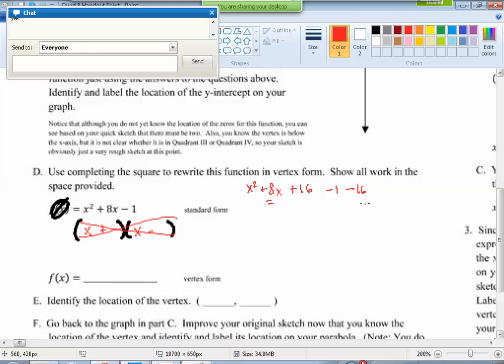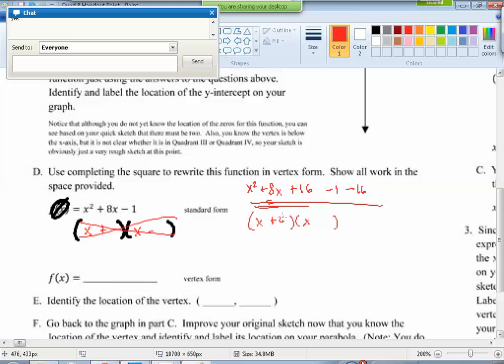Do you understand every step that I took there? Now, the advantage of adding that number 16 is this. See the first three terms, x squared plus 8x plus 16? I can factor that. I've got an x here and an x here: x plus 4 times x plus 4.